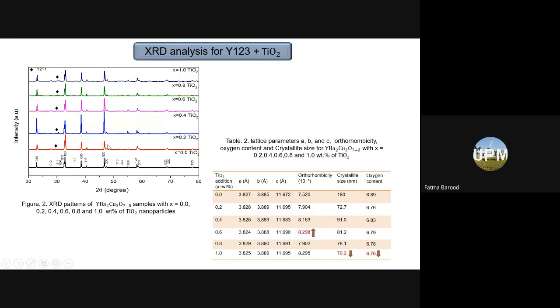That also suggests that the titanium oxide didn't enter the YBCO structure. The lattice unit cell increased, and the orthorhombicity also increased for all samples, and crystalline size was decreased, and the conductive oxygen was decreased also for all the samples.